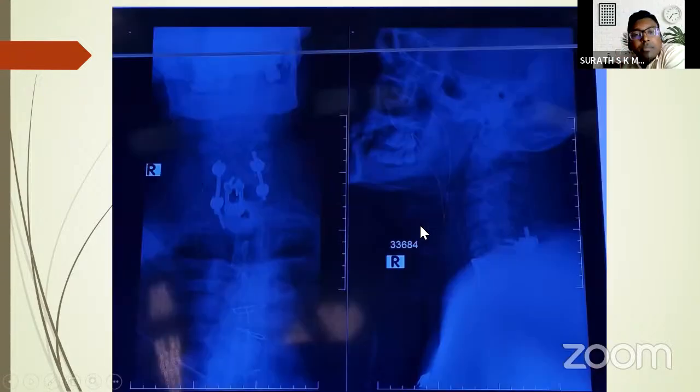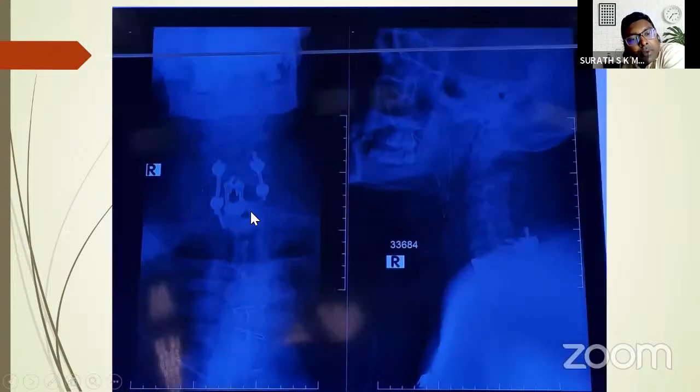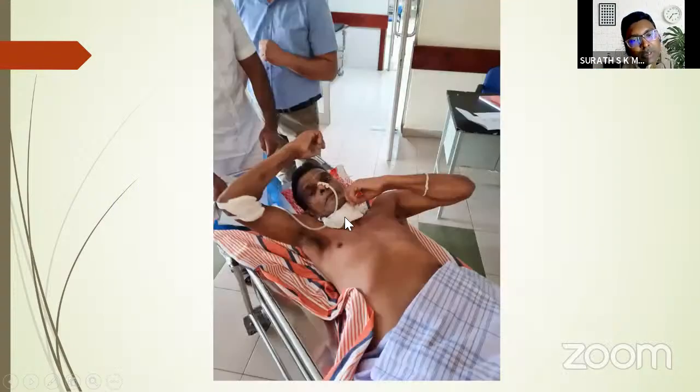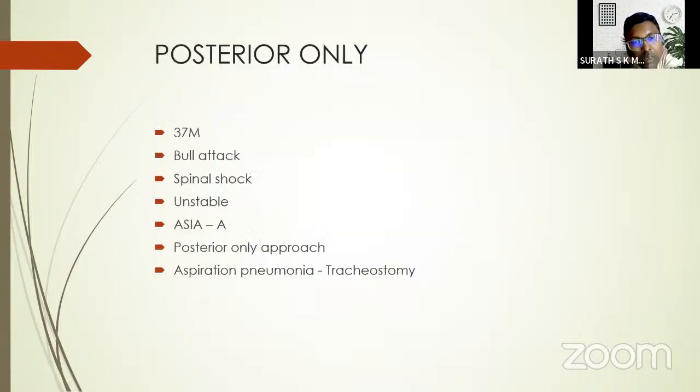So yeah, that patient improved with regard to the neurology, although we had to go for tracheostomy in that patient as well. So this is after 1 month, his upper limb improved, and this is at 3 months. The tracheostomy was closed, and still he had some swallowing difficulties and he was with an NG, but he improved a lot compared to what he presented to us at the beginning.